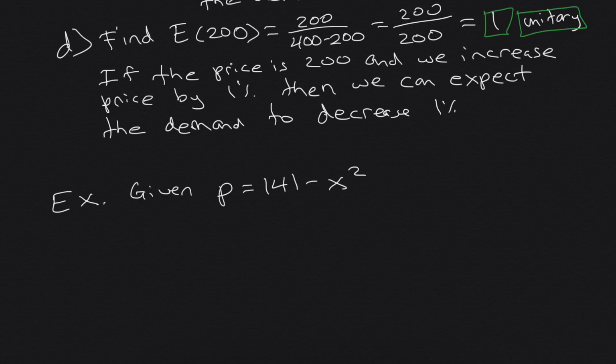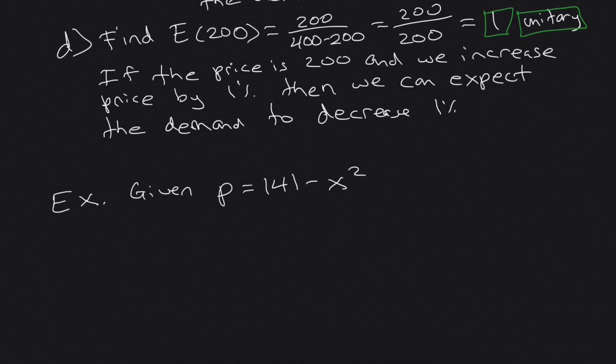Like the previous one, I gave us P equals, so we are going to have to solve for X first. If you already had X equals, that's great. You could just immediately take the derivative and plug it into the formula. But if you're just given P equals, you do have to find X first. And then you want to plug it into your elasticity and answer any questions that were asked.